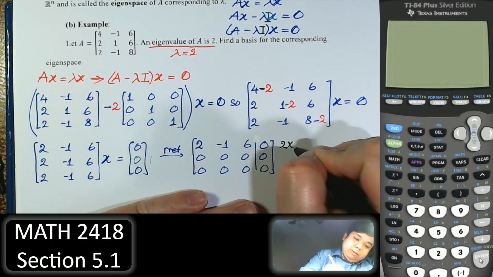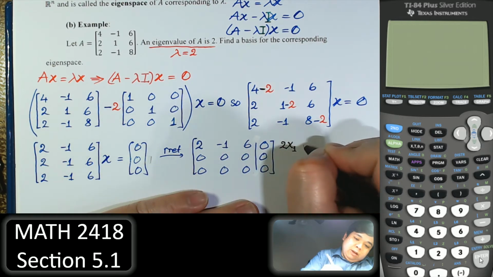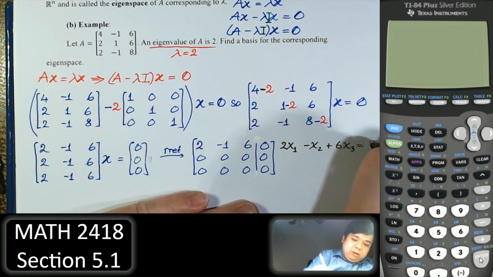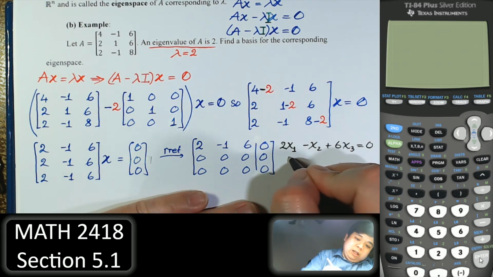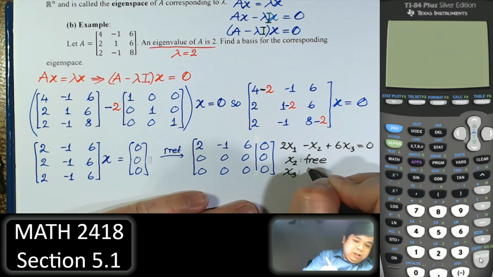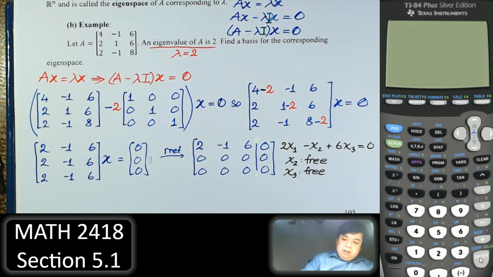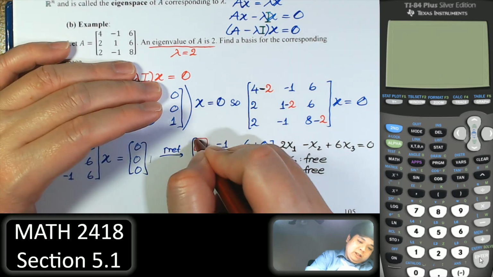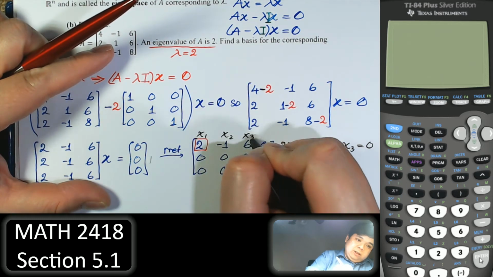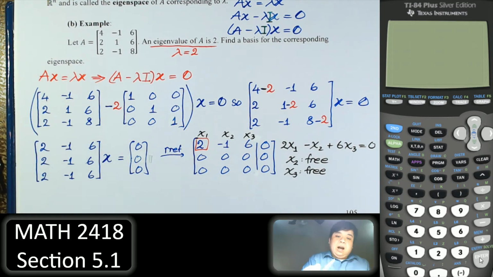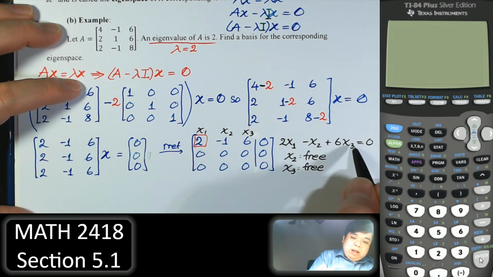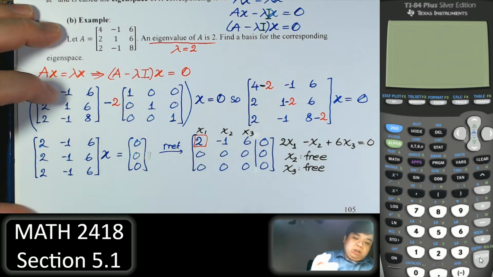2x1 minus x2 plus 6x3 equal to 0. And here we see that x2 is free and so is x3. There's only one pivot here. From here we can say that x1 is equal to x2 plus 6x3, the whole thing divided by 2.